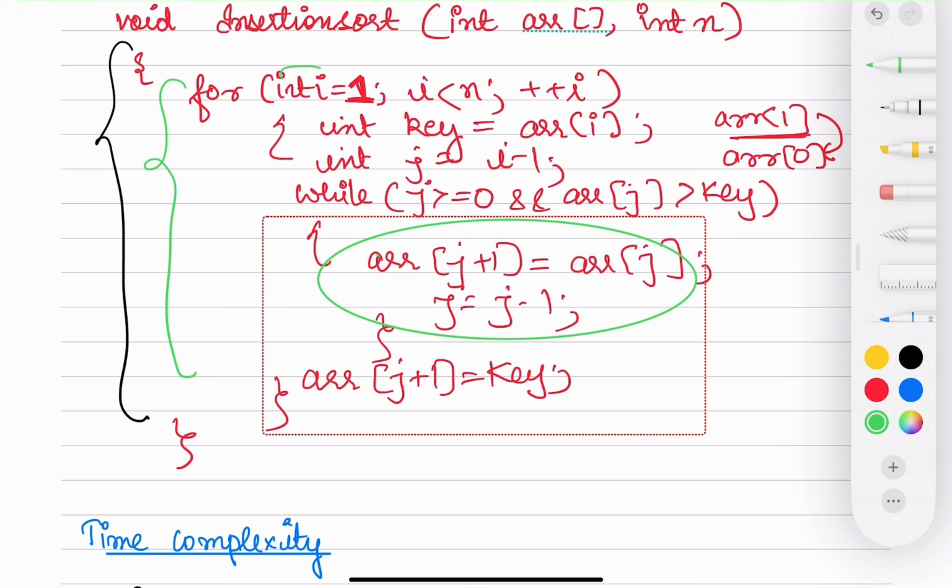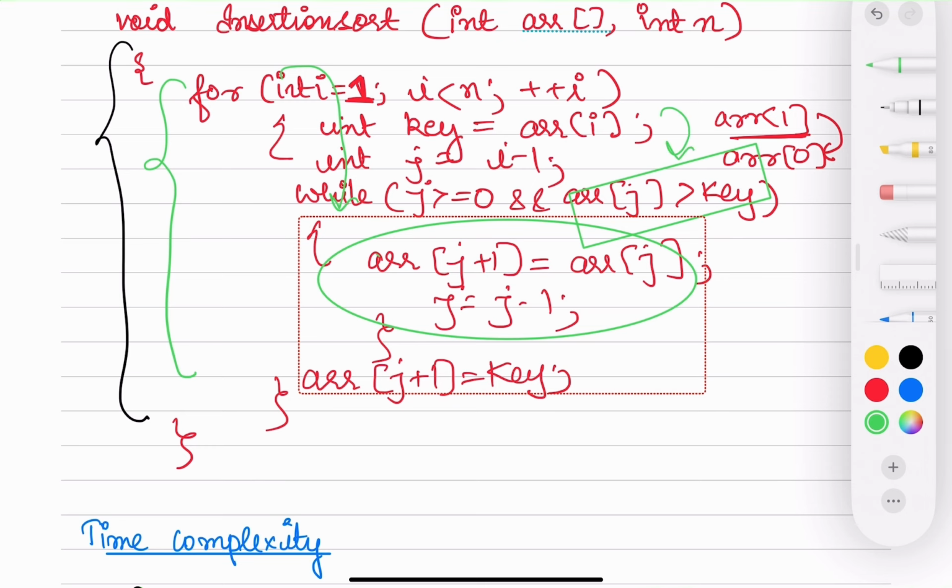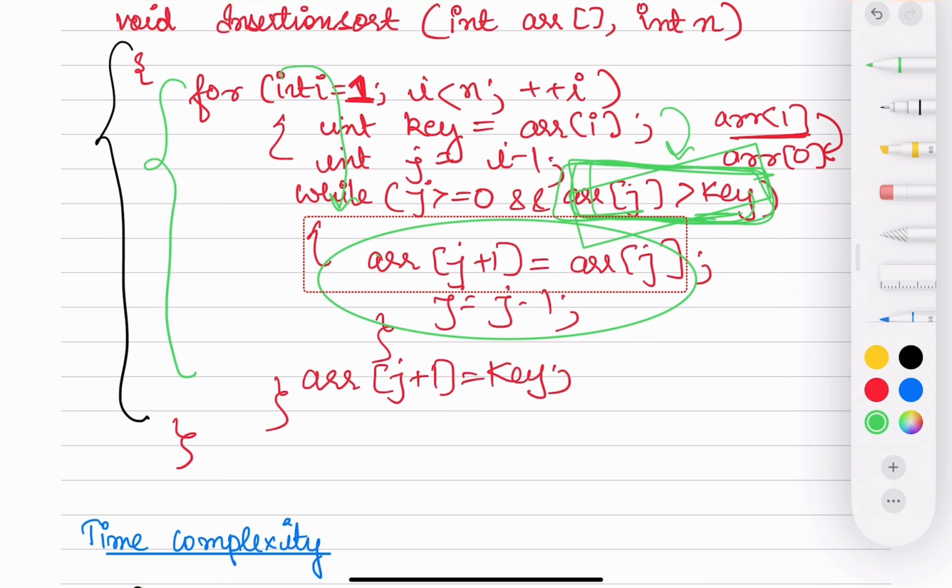No. It is only executed when this condition is true. It means that every time, we are checking this condition, this comparison. So this is my basic operation: to check whether the element I have is less than or greater than key. So the basic operation is comparison.